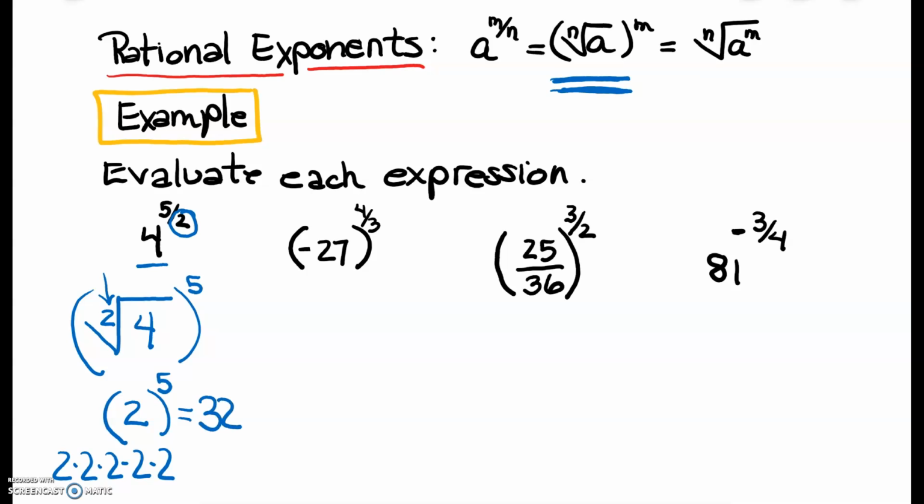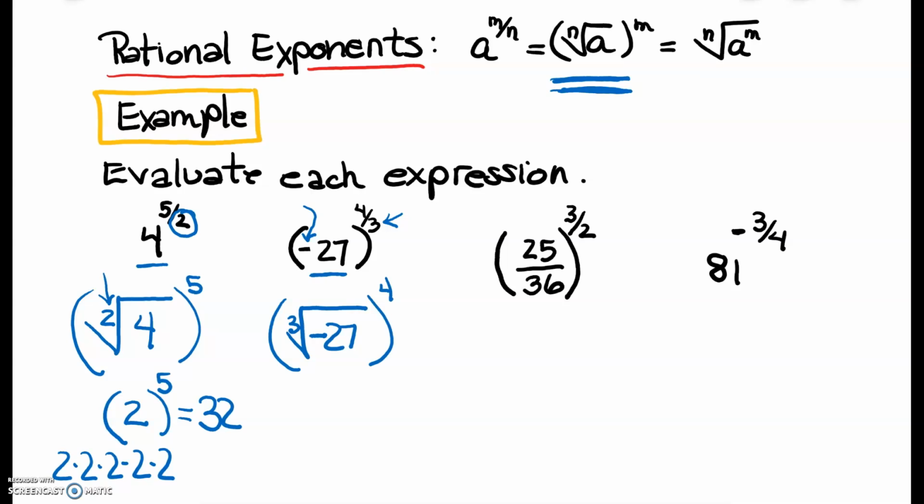All right. So now in this example, notice my negative sign is inside my parentheses, so that negative must go inside my radical. So I have a negative 27 as my base. My index is 3. And then my power is going to go on the outside. The cube root of 27 is 3.